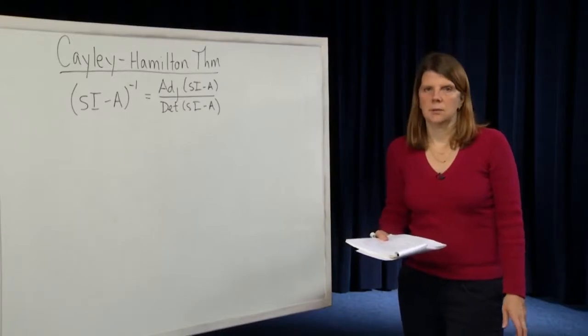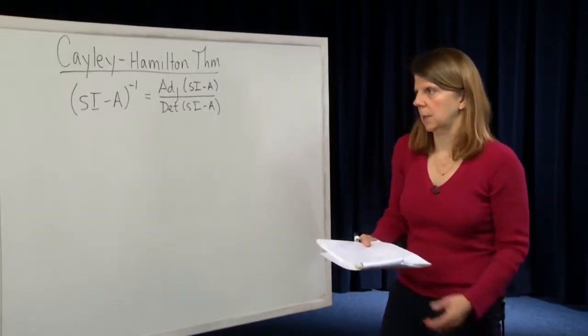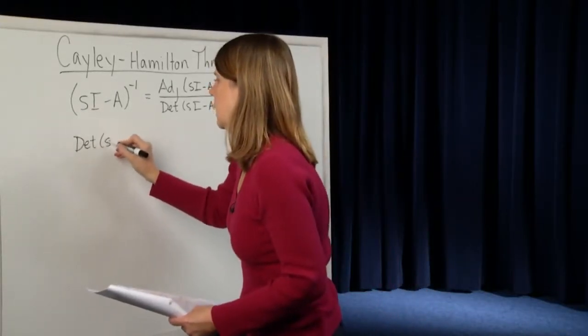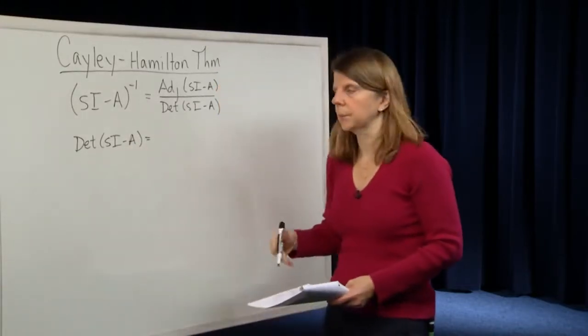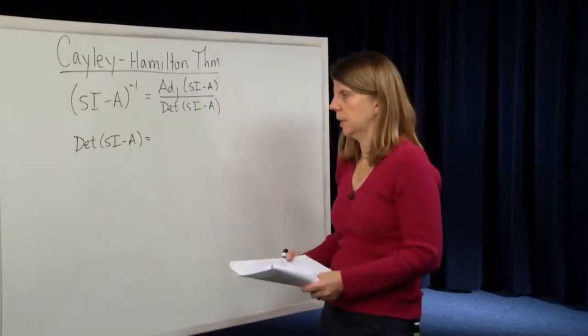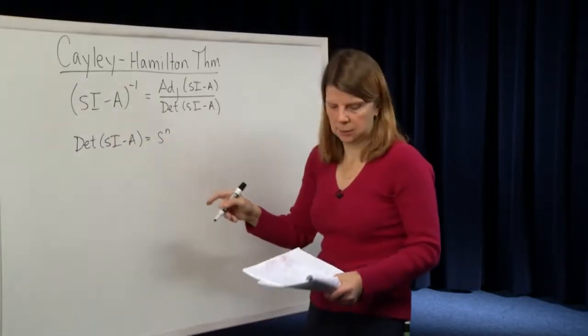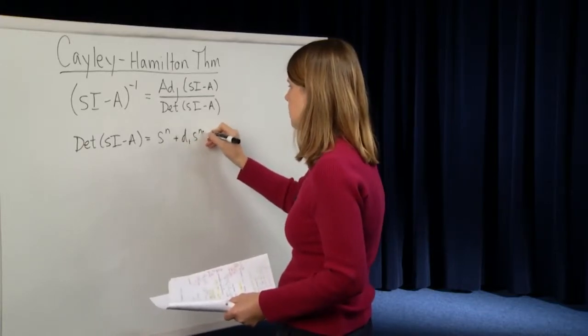The determinant of sI minus A gives us the characteristic polynomial of the matrix A. We know it's an nth order polynomial, and we would have to compute it in general for a matrix A. But let's just represent it as an nth order polynomial in s, and we'll use the coefficients di to represent the terms.